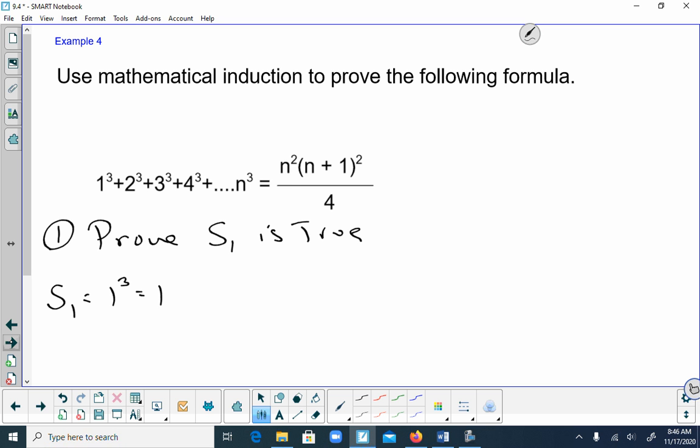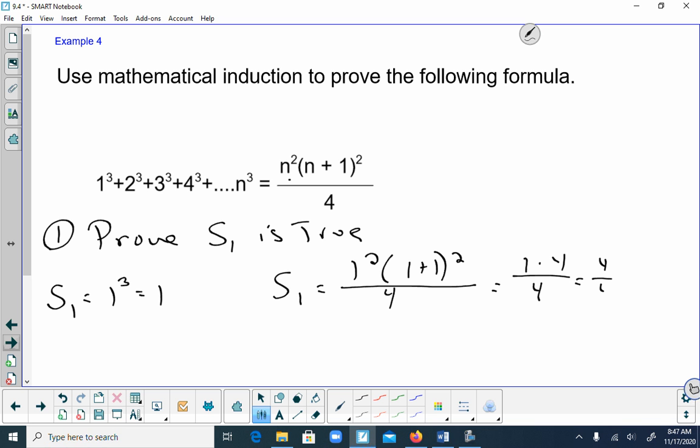And then putting 1 into this formula here, I'm going to have 1 squared times (1 plus 1) squared over 4. So this will be 1, and then this is 2 squared, so 4 over 4, which is 1, so it works for the first term.